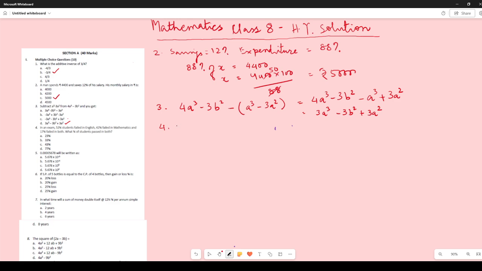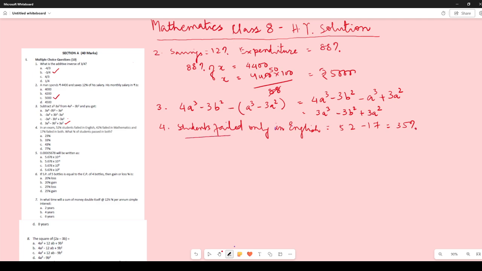52% students failed in English. So students failed only in English will be equal to 52 minus 17. That is equal to how much? That will be equal to 35%, right?